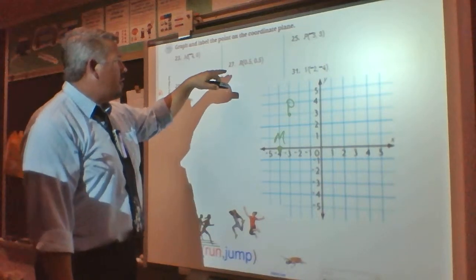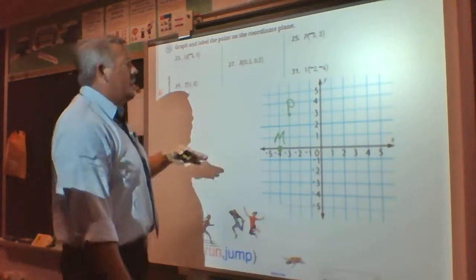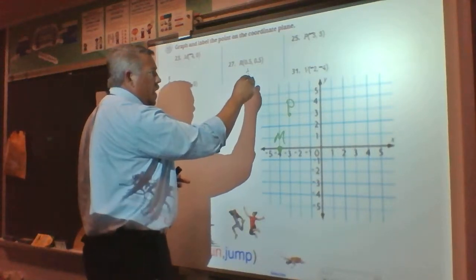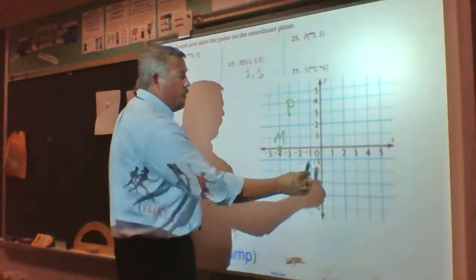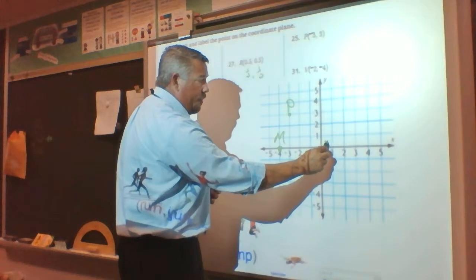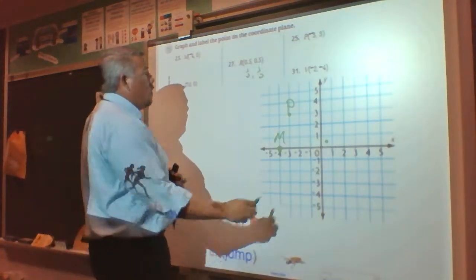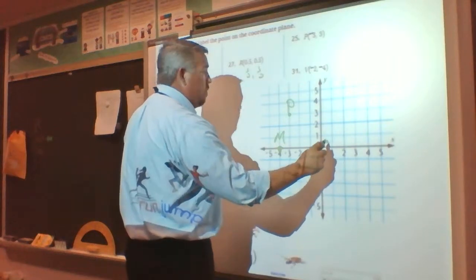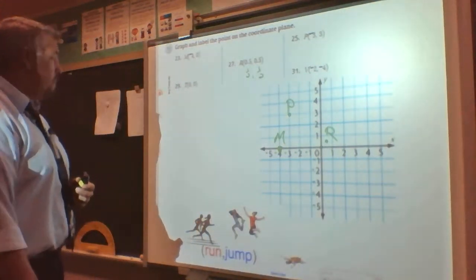So 27, it gives me a positive 0.5 and a positive 0.5. Same thing as saying 1/2 and 1/2, which is what we saw before. So I just know that I have to go forward halfway and up halfway, and I've got that floating dot right there in the center. I know I went forward and up halfway both times, so that one is labeled R.